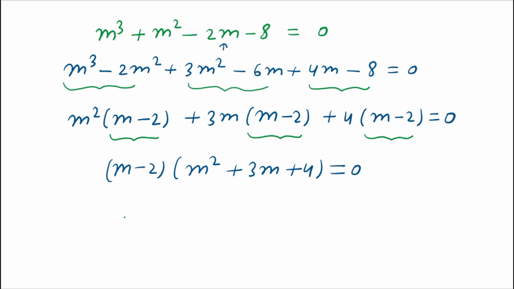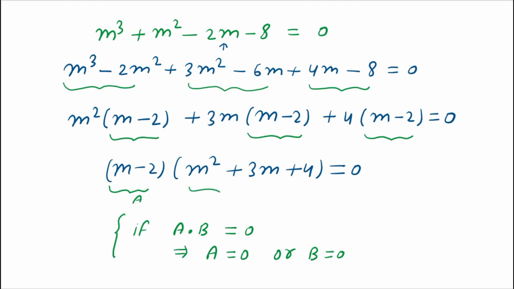Now we know that if a times b is equal to 0, this implies a is equal to 0 or b is equal to 0. Here m minus 2 is a, and m square plus 3m plus 4 is b.